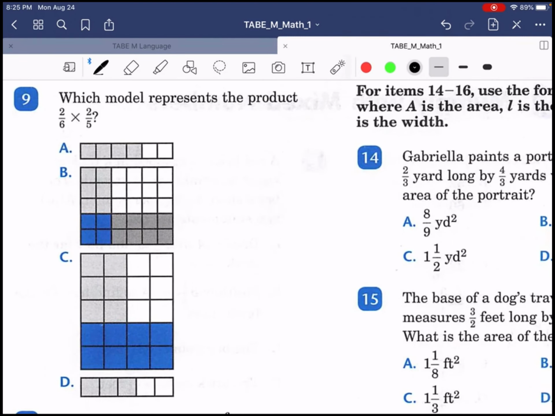Which model represents the product 2/6 times 2/5? So we are using that model that we've looked at to understand how this one works. You want to find the fractions that are shaded, the 2/6 and the 2/5.